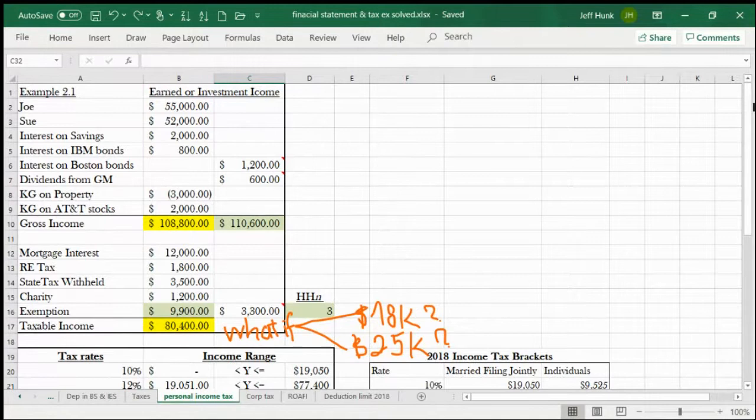We left off after we found our taxable income for this household with three people. The income earners are both the husband and wife, or the two partners, spouses, and their combined gross income was 108,000, and their taxable income after deductions and exemptions came to 80,400.